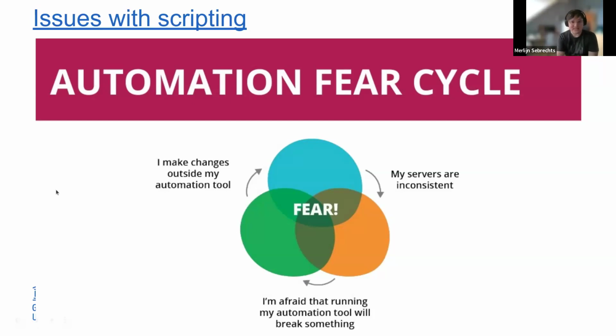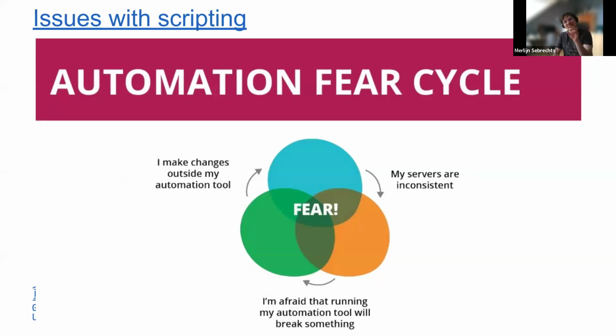And this is the first step in this automation fear cycle. You make changes outside of your automation tool. You have configuration drift, which means that your servers are inconsistent. And the problem with scripting is that it basically explains every single action, every single command that needs to be executed on your server.